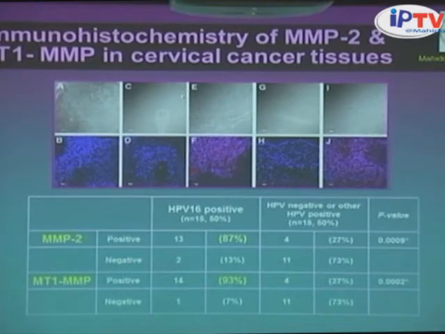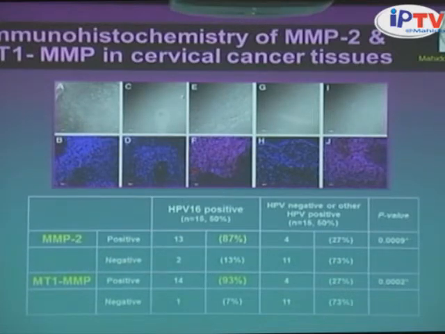But if we consider only the invasive samples, removing those that are not at the invasive stage, the numbers change from 87 to 92% and from 93 to 100%. So this number increased even more when you only correlate with the invasive stage.